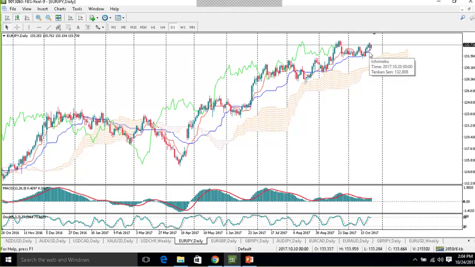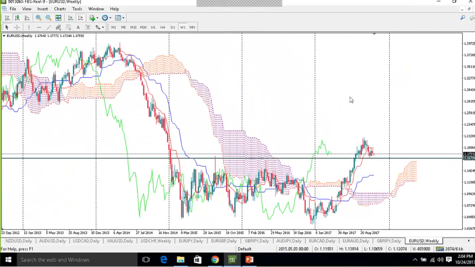On the daily chart, bullish trend as well, and if the red line goes above the blue line once again, it will be a signal, although probably it won't, given the fact that there is some divergence in oscillators. Well, we do such kind of analysis, and once again return to the euro dollar.